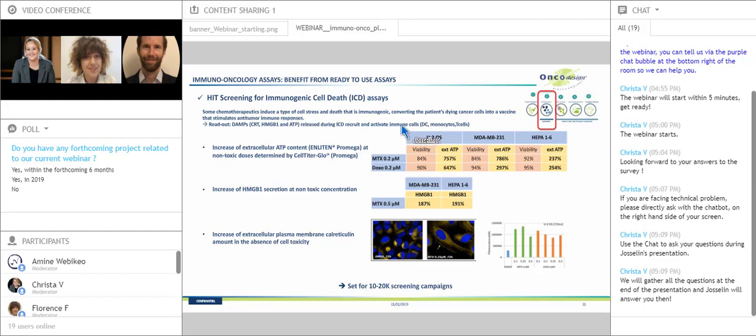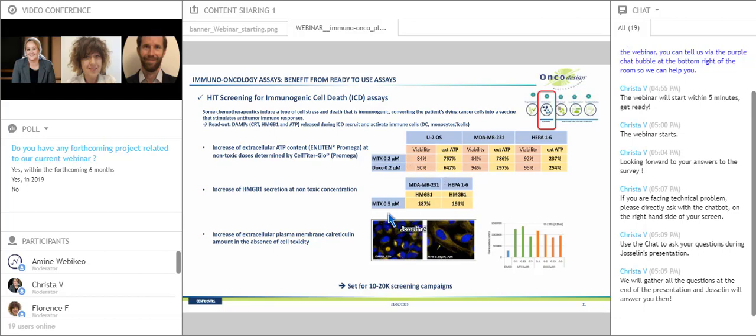So we have developed a high throughput screening with every one of these different readouts, for the ATP, HMGB1, and the calreticulin, in which we make sure that we are at subtoxic dose, and we see an increase of the signal. Here you can see, on different cell lines, U2OS, MDA-MB231, and HEPA-16, the increase of ATP level at non-toxic doses of docetaxel, for example.